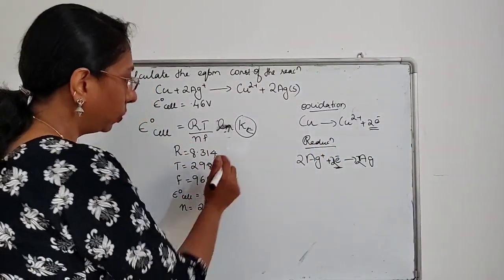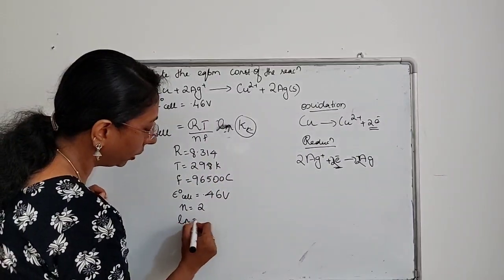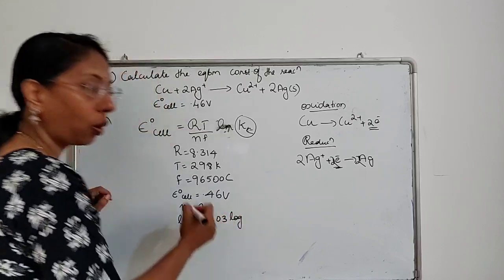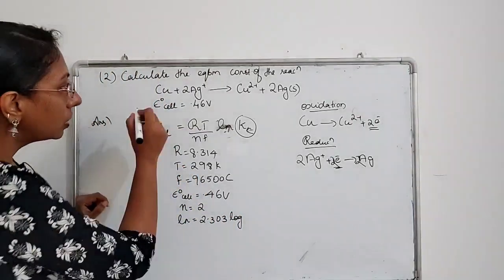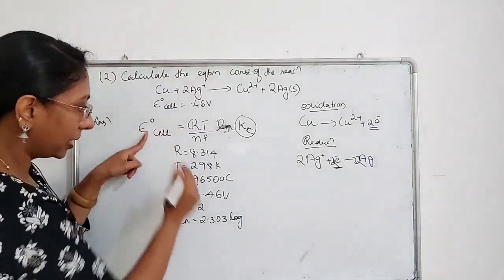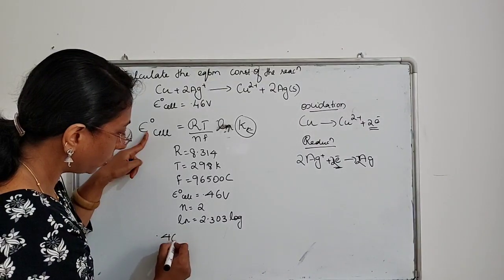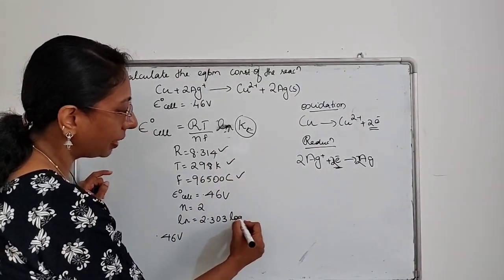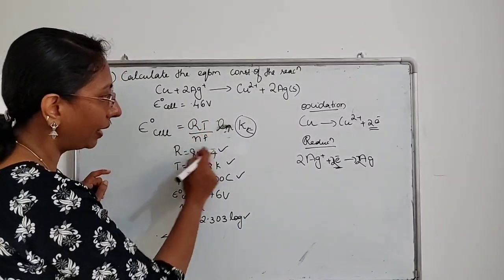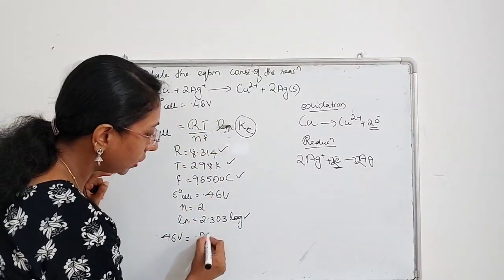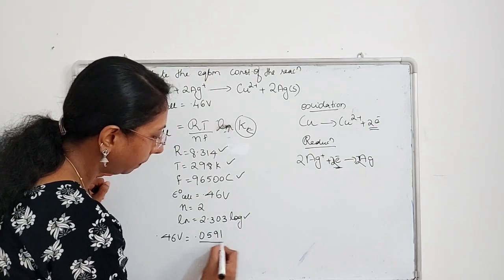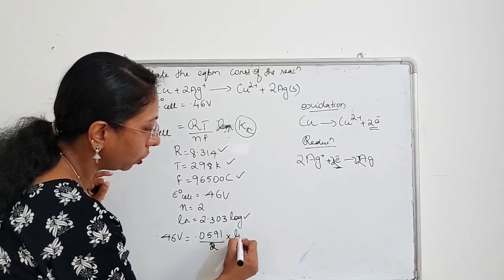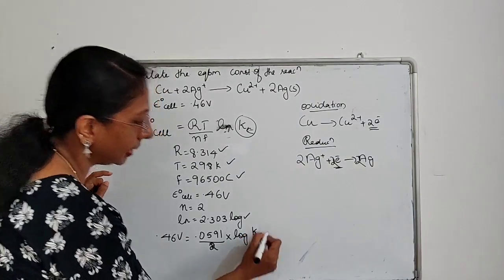And if we substitute, a natural logarithm can be converted into a base 10 logarithm just by multiplying the base 10 logarithm with 2.303. So we will get E0 cell, we know the value is 0.46 volt. If we put R, T, F and 2.303, the value will be 0.0591 by N, N is here 2, into log Kc.